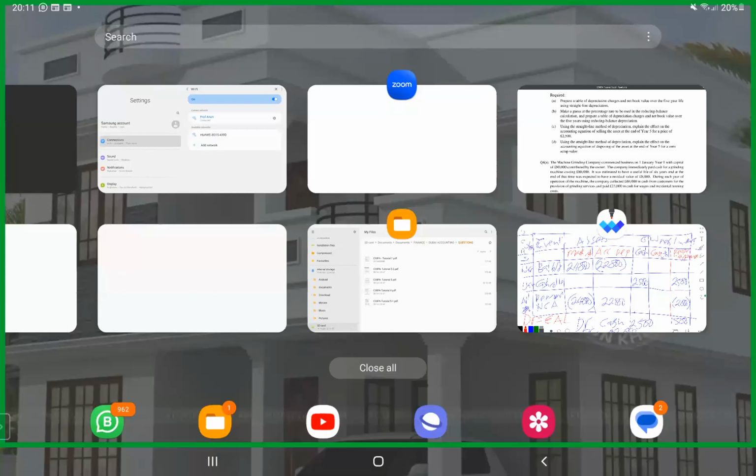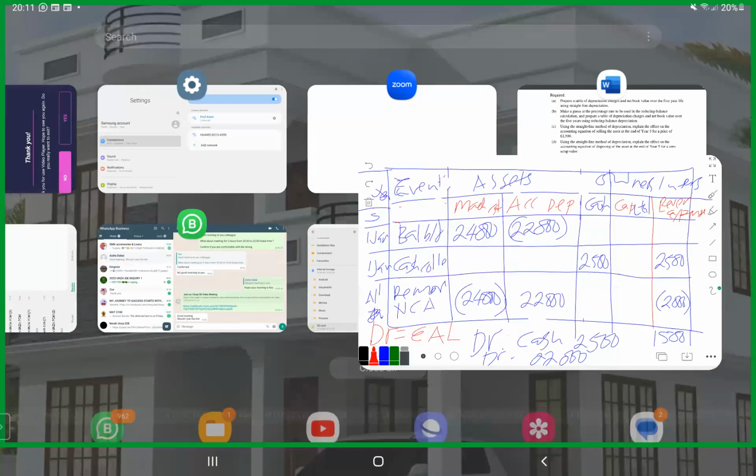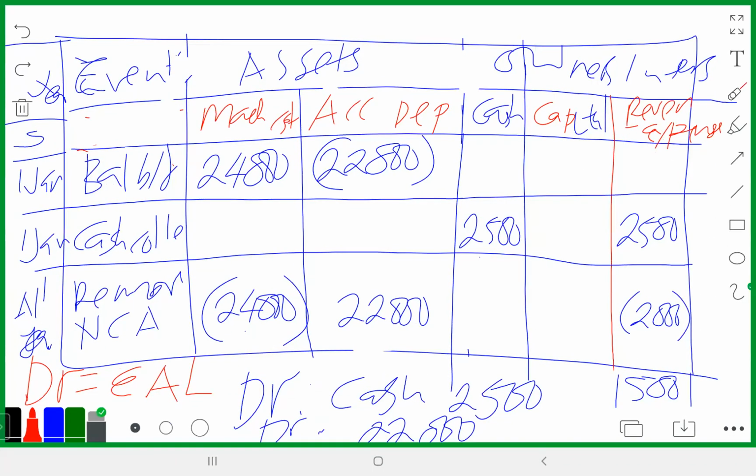So in short, here you just put 0, and this one 0. All other things will remain the same, right? We are still using the same method. But if they had said use the reducing balance method, you'd have used the depreciation from the reducing balance method. You remember that the total accumulated depreciations are not the same. Otherwise, everything would have remained the same.